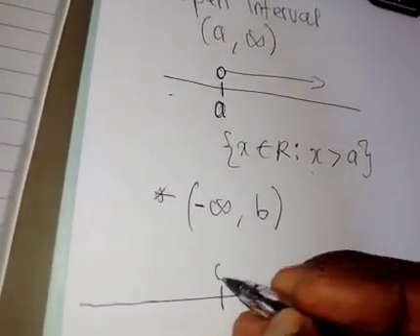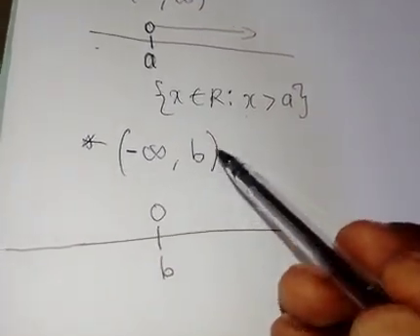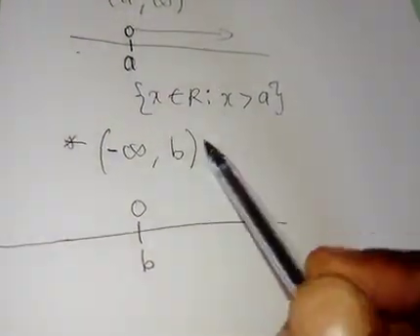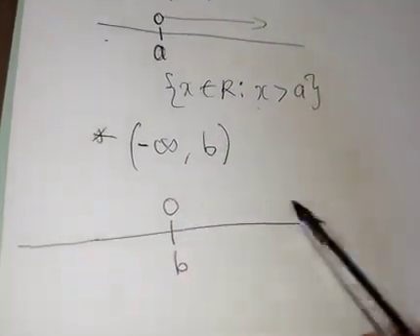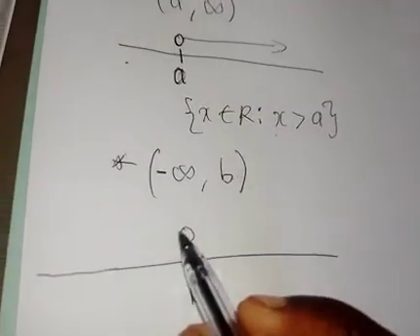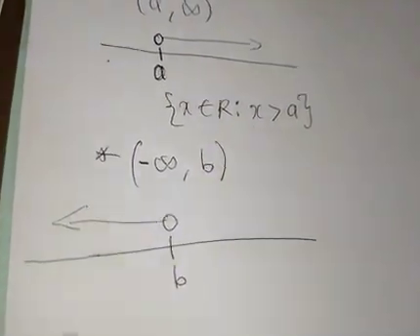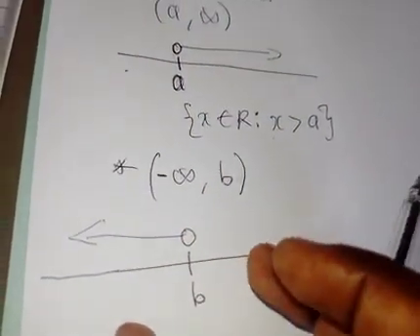Since this B will be there, after B I've used a round bracket, which is open, so don't shade it. Then for negative infinity, where do you go? Of course, to your left, this side. Just write an arrow there, meaning you are going all the way to negative infinite. So you just leave it like that.